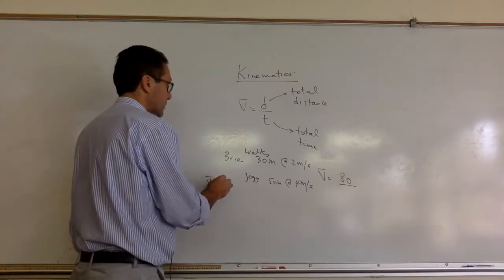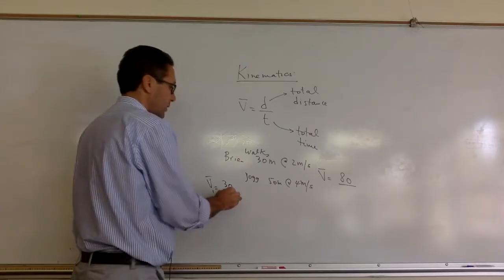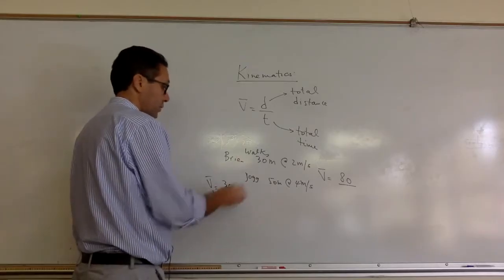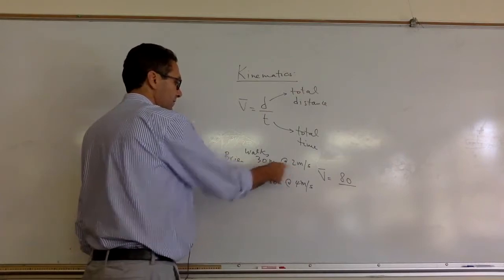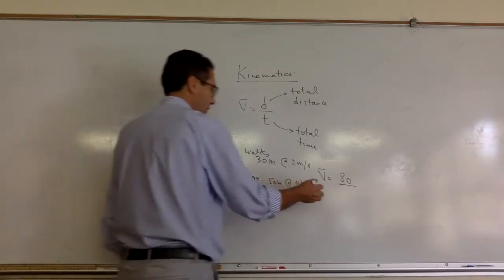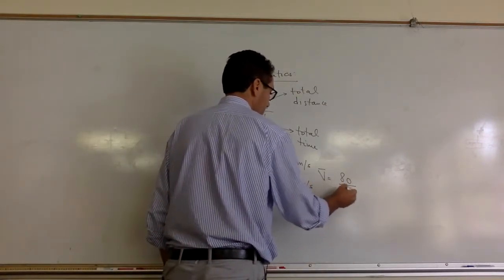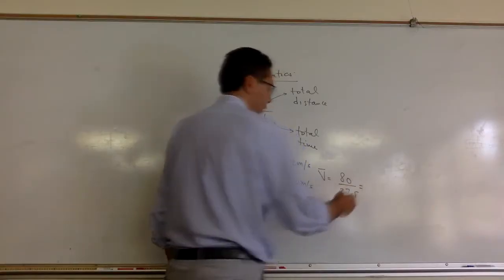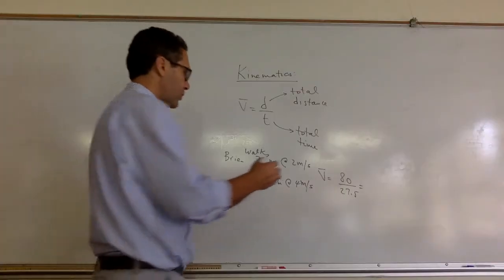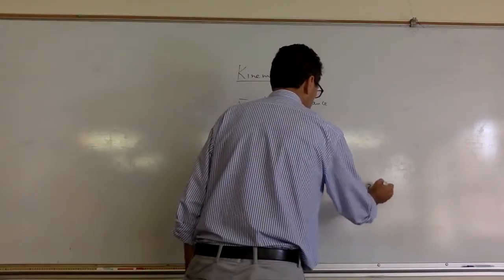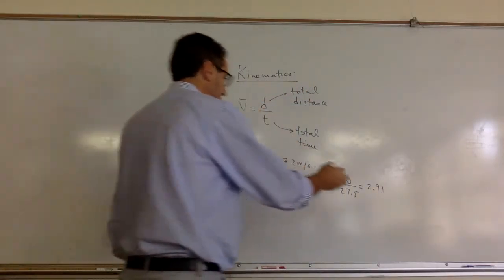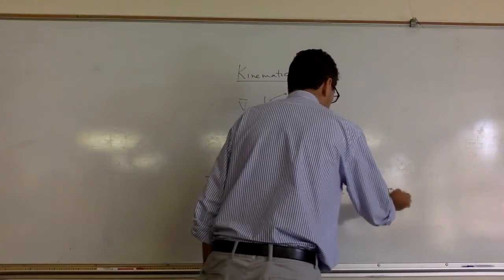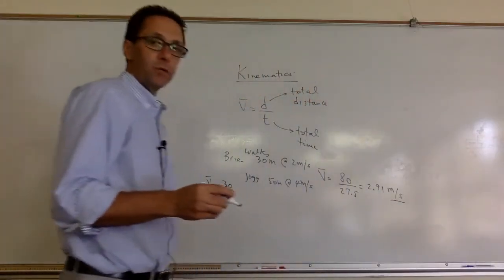So this is going to be just 30 over 2, and the other one is going to be V2 equals 50 over 4. I made the numbers easy. So this should give us 15 seconds. This should give us 12 and a half. So that's 27 and a half in total. And that should give us, I think, 2.91. See, it's not 3. And that's meters per second. You must put your units.